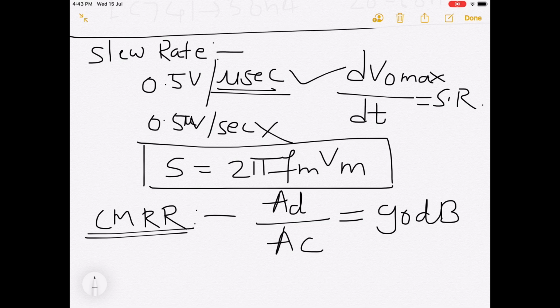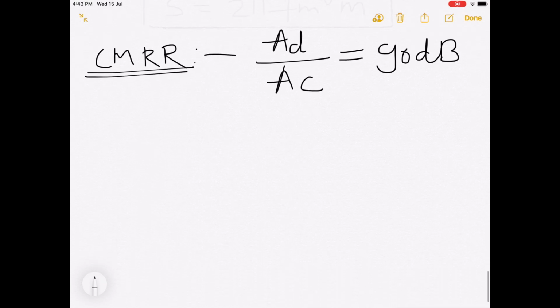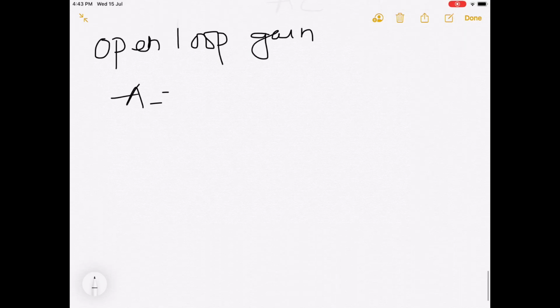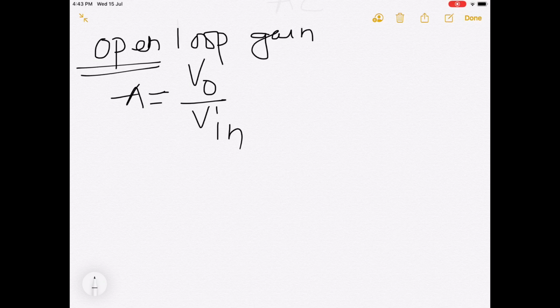The next parameter is open loop gain of op-amp. Gain is A equal to output voltage by input voltage. Open loop means there is no feedback, and closed loop means there is feedback to the op-amp.